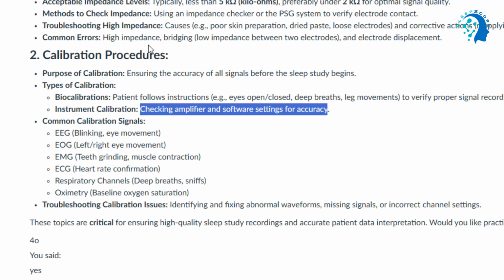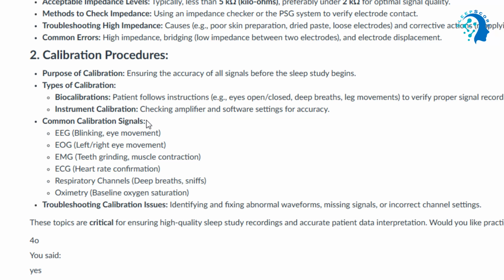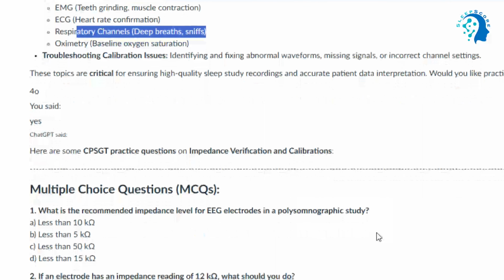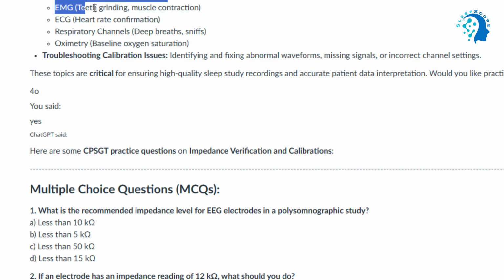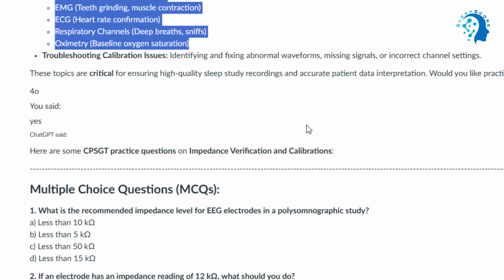Now check this one out. Common calibration signals. For EEG, we say blink your eyes. For the oculogram, left and right eye movement. For EMG, we say grind your teeth. That's muscle calibration. For heart rate confirmation, we check the heart, and respiratory. This is all together in one place, but there's a certain correct way of doing calibration, and we will see that.